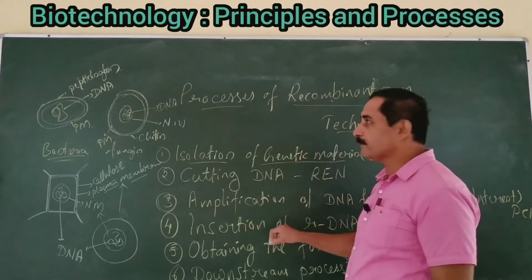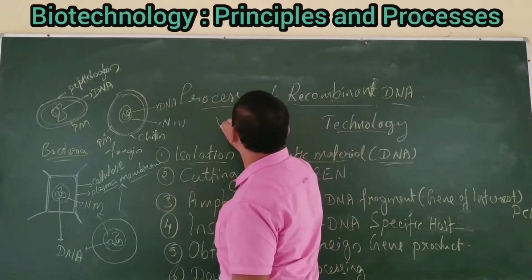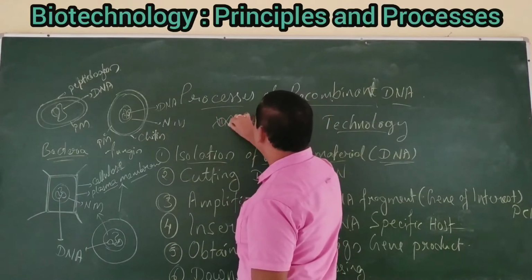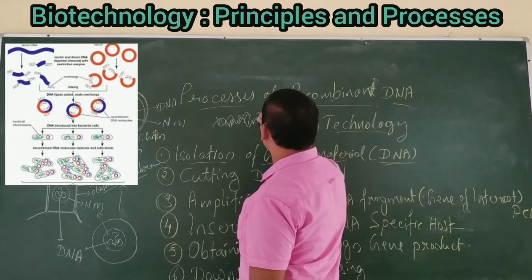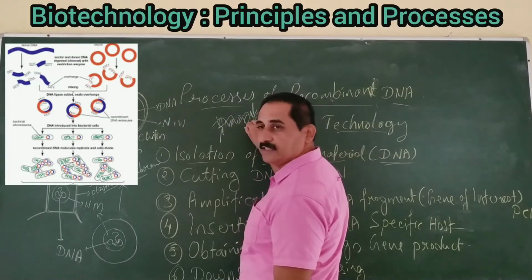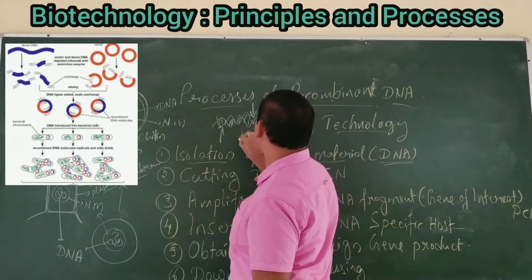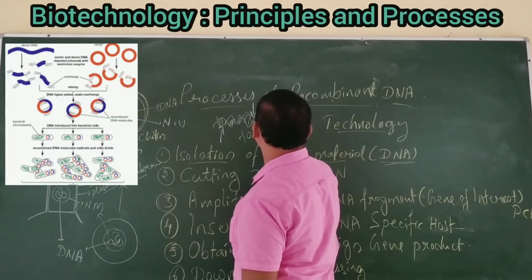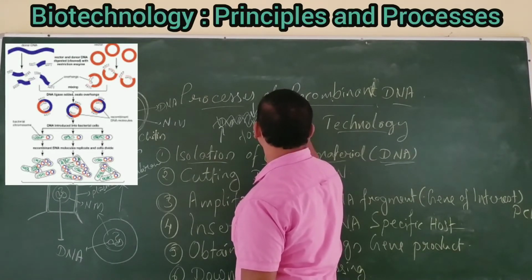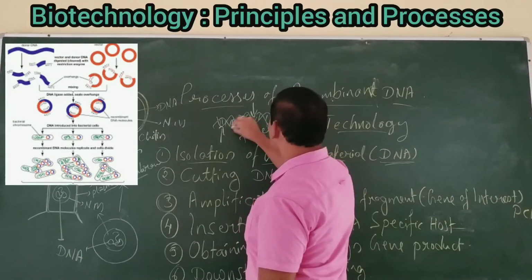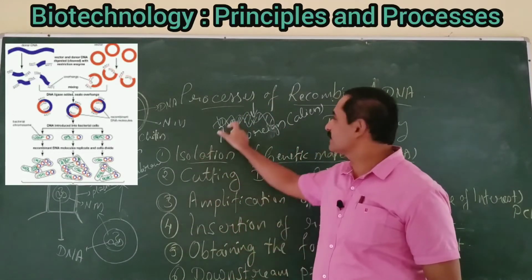In this genetic material, we have to isolate a small fragment of DNA, the gene of interest. This specific gene of interest or target gene is a foreign gene or alien gene.